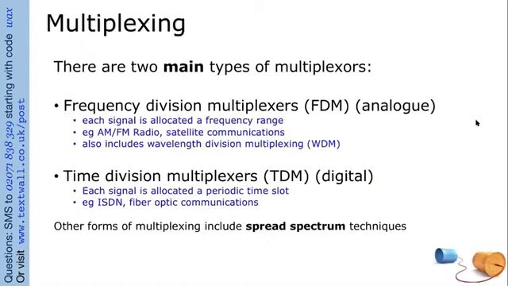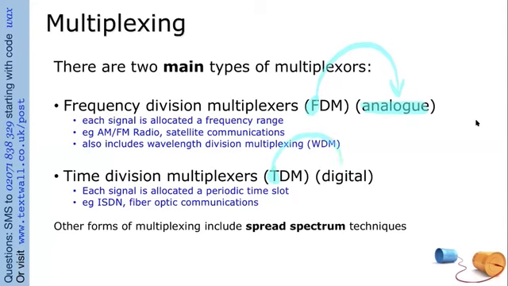Okay, so remember we said that in a multiplexed channel, we can either share frequency or share time. Generally, when we talk about frequency domain multiplexing, where we share frequency, we're talking about analog communications.